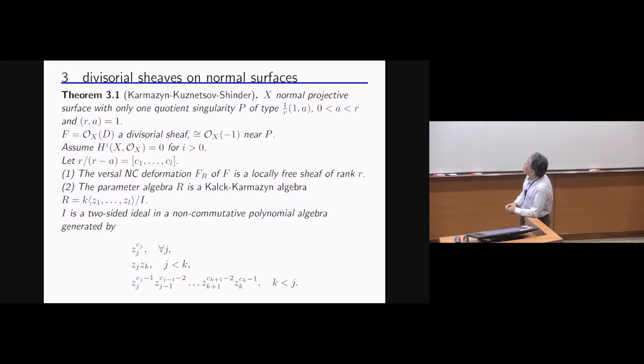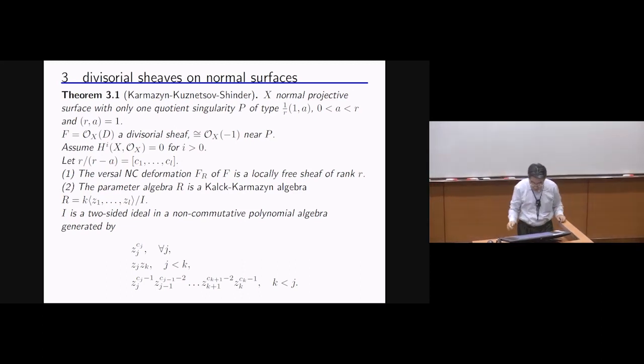These monomials are determined by the integers C1 to CL. For example, Zj Zk becomes 0 in this ring if j is smaller than k. So for example, Z1 Z2 is 0. But Z2 Z1 is not 0. You need to multiply more. So this is non-commutative. The relations are not symmetric.